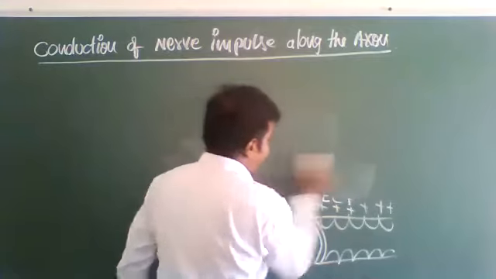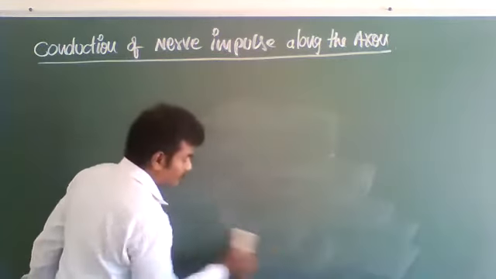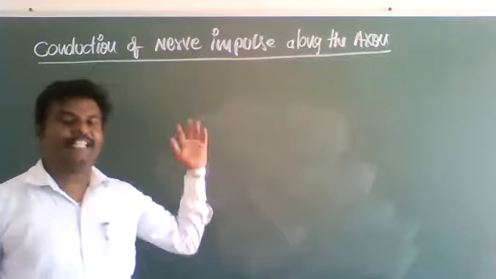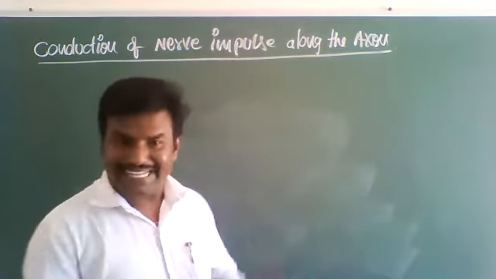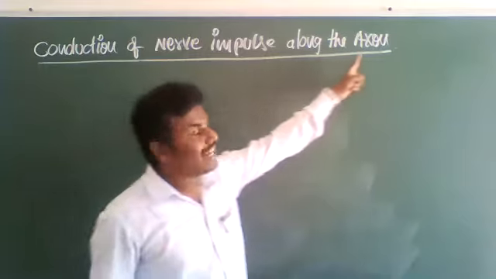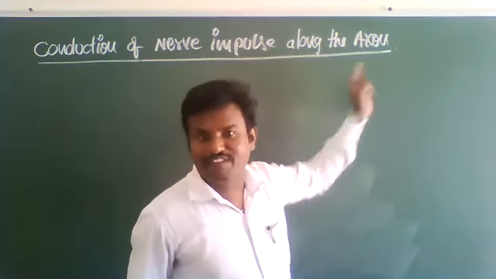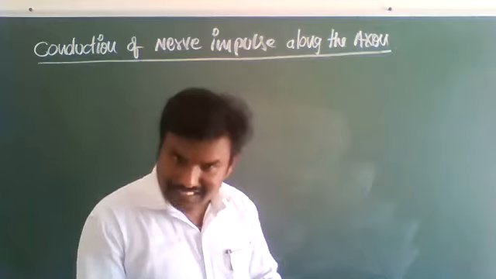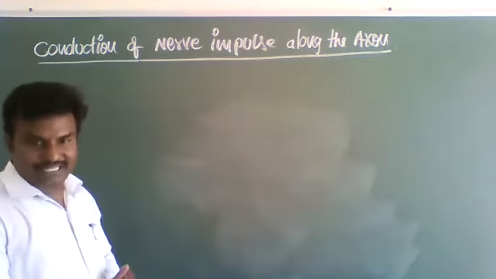Next one is yesterday's continuation. Yesterday's heading is resting membrane potential. The continuation is conduction of nerve impulse along the axon or nerve fiber. The transmission of nerve impulse occurs by the following four ways.